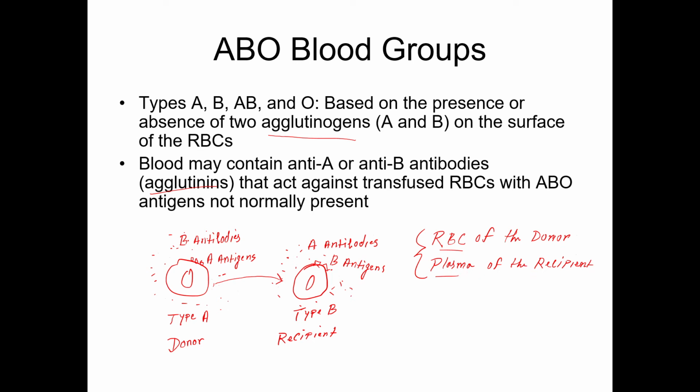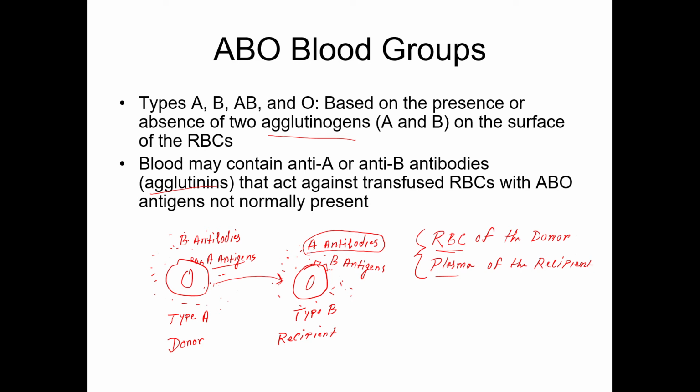Okay, so now let's see. This person is the donor, so we'll consider his red blood cell. On the surface of the red blood cell, this person has A antigens, right? So when this red blood cell enters the recipient's body, in the plasma of the recipient of B blood you have a huge amount of A antibodies, right? Because in your blood you have 55% plasma, so plenty of A antibodies.